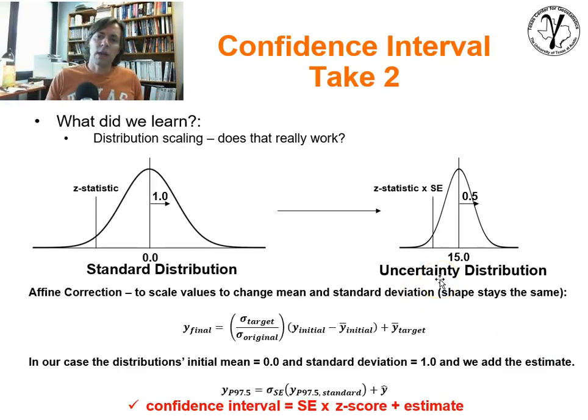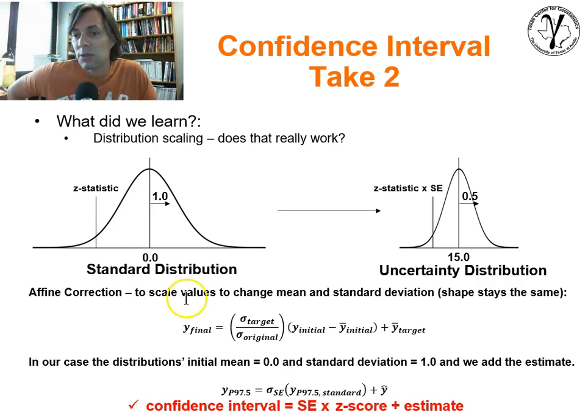Does the rescaling work? Can we just go ahead and take the results from a standard 0, 1 distribution and rescale them? It turns out you can. It works perfectly. The more general form of that distribution rescaling is called affine correction. It's to scale values from a set of samples or from a distribution to change the mean and standard deviation, but the shape stays the same.